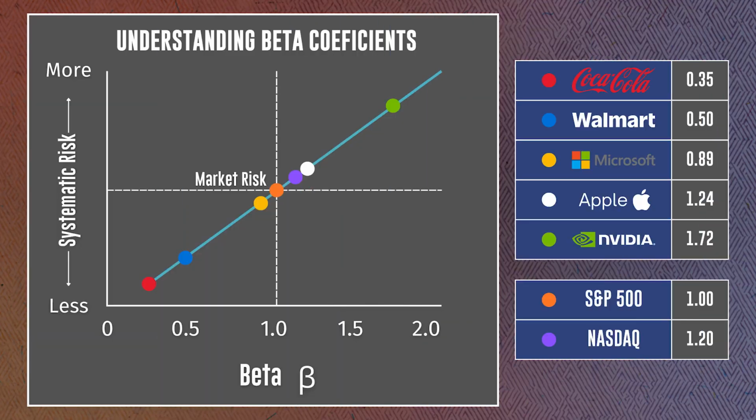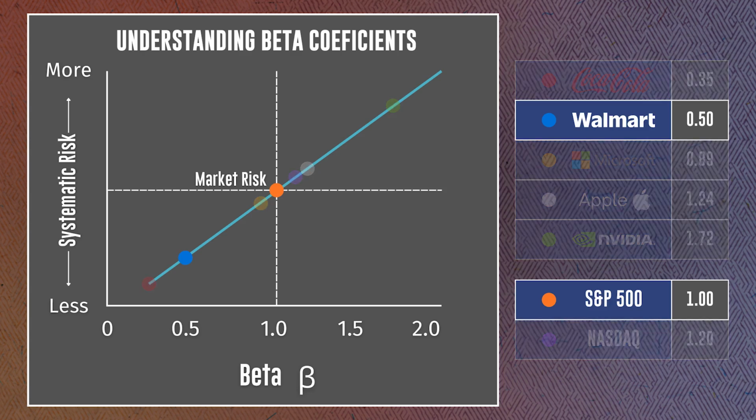So using this table then, we can infer that if we invest in Walmart, beta of 0.5, we should expect to earn a return that is about half of that of the S&P 500, beta of 1.0, and significantly less than if we invested in NVIDIA, which has a beta of 1.72. You already knew that Walmart was a lot less risky than NVIDIA. What we've been able to do with beta is quantify it to see how much more risky NVIDIA is, and therefore how much more expected return you should get.